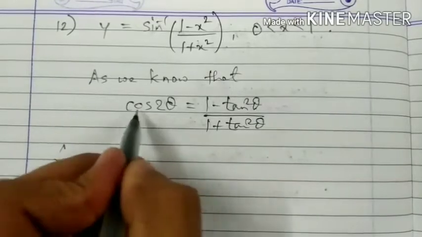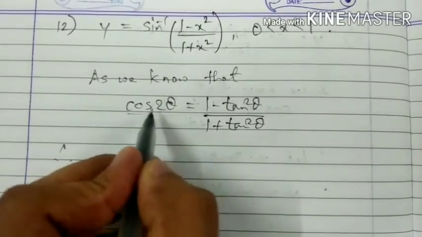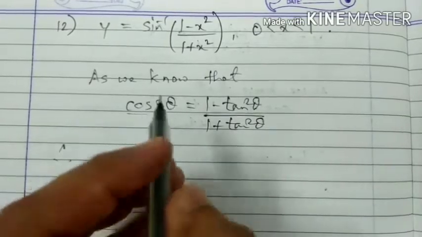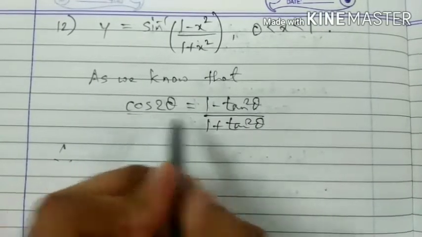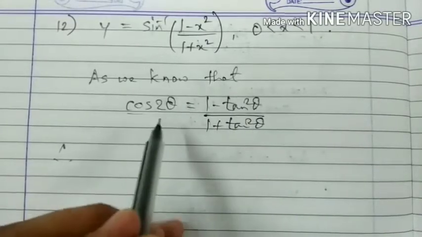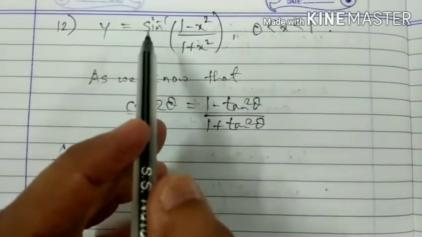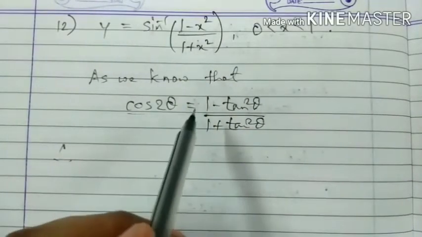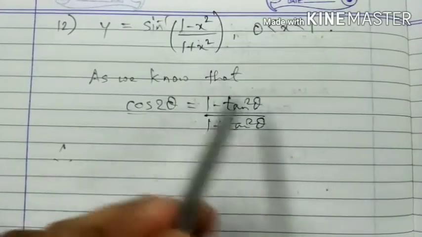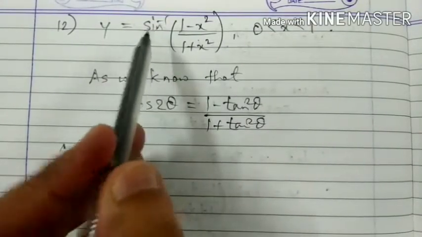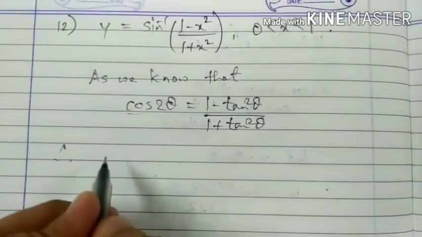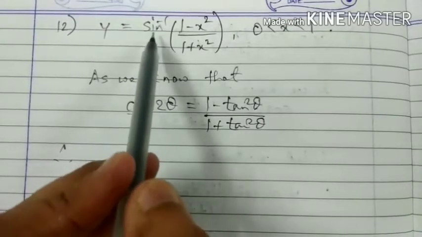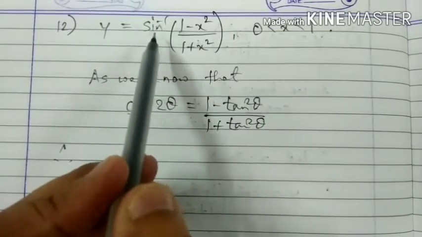From this formula we can write, for theta, cos inverse, right? So the function should be in terms of cos inverse. Then only this question can be solved using this formula. So first, there is another property from which we can convert this sine inverse into cos inverse.